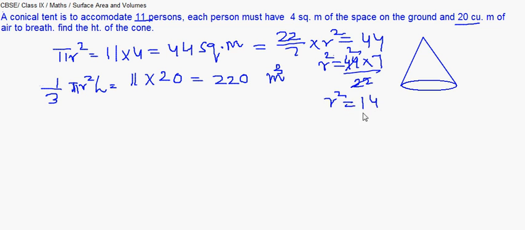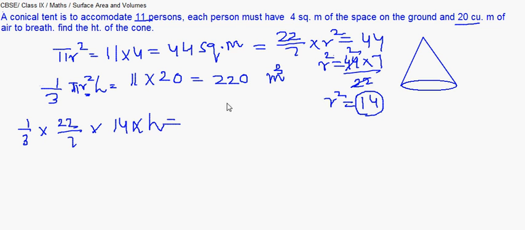I can substitute this 14 here to find h, so it is 1 by 3 into 22 by 7, r square written as 14, and h is to be calculated. We are actually taking the value of r square from the first equation and substituting it in the second one.